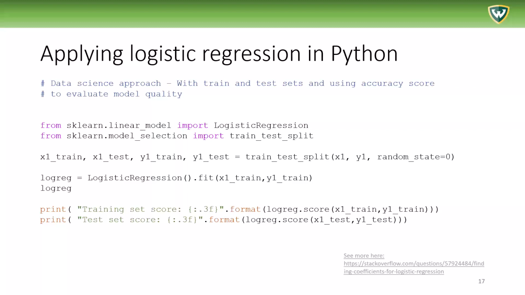So in the data science approach, which is more focused on model building, we may want to create two sets from the original data. So here we're going to import the scikit-learn train test split and logistic regression model. And we're going to do the train test split on the data.